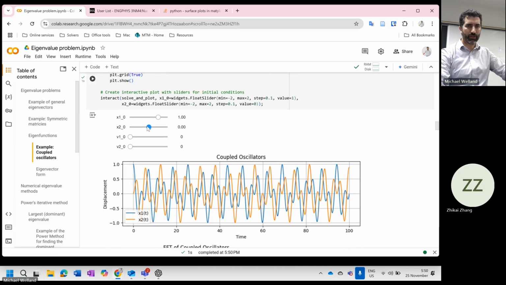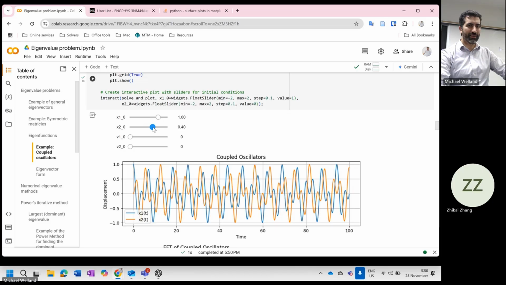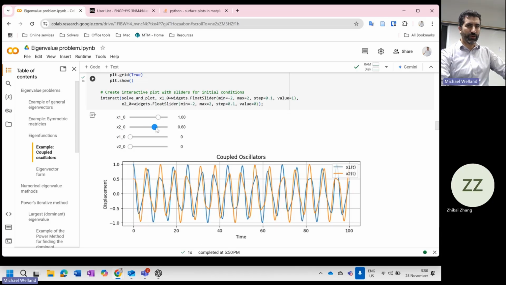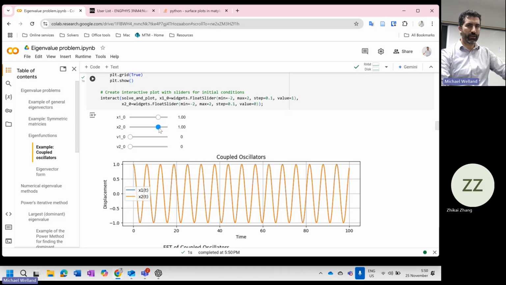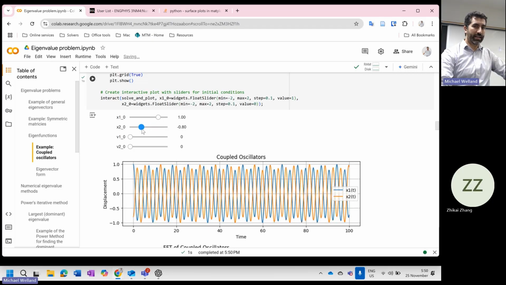All right. Okay, there we go. So if you change that amplitude, you can see eventually you get nice behavior. Everything nicely overlaps. Same on this side. If you go for -1, you get exactly opposite.